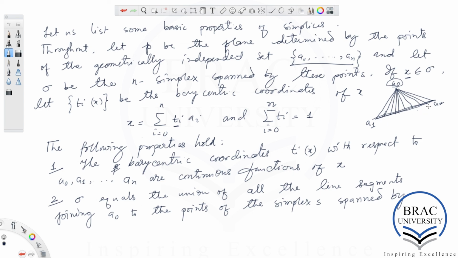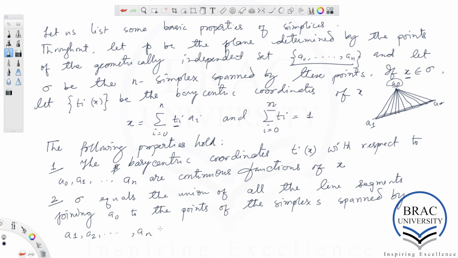Here, in the two simplex case, all the points except for A0 are A1 and A2. If we take off A0 from all the points, we are left with A1, A2 all the way up to An.